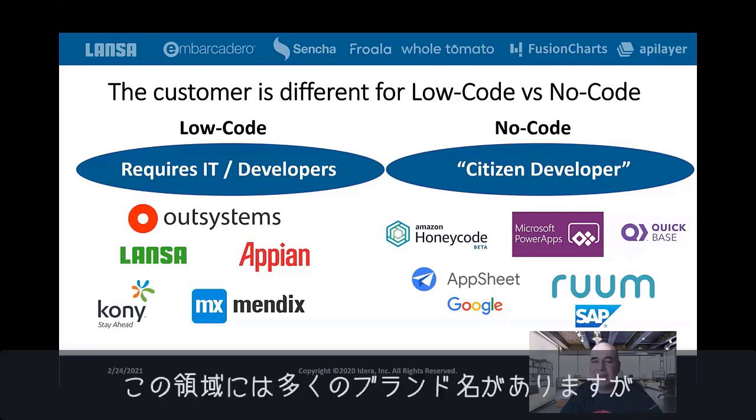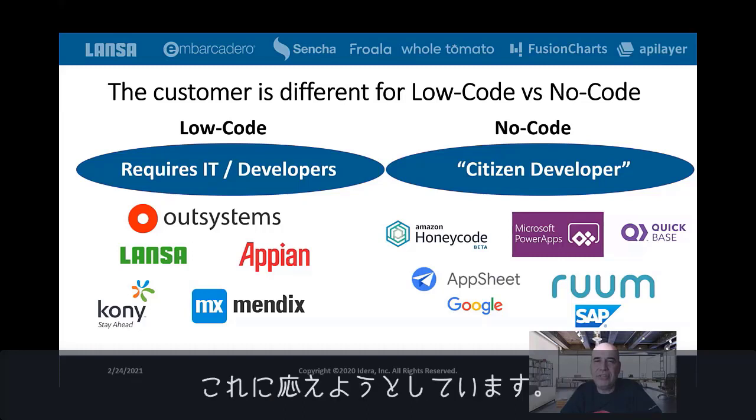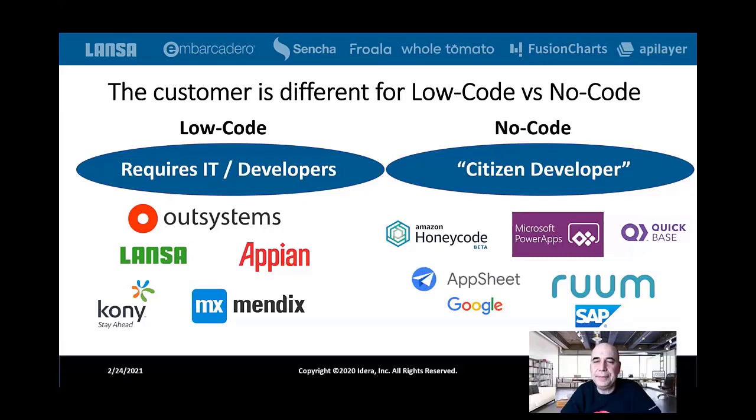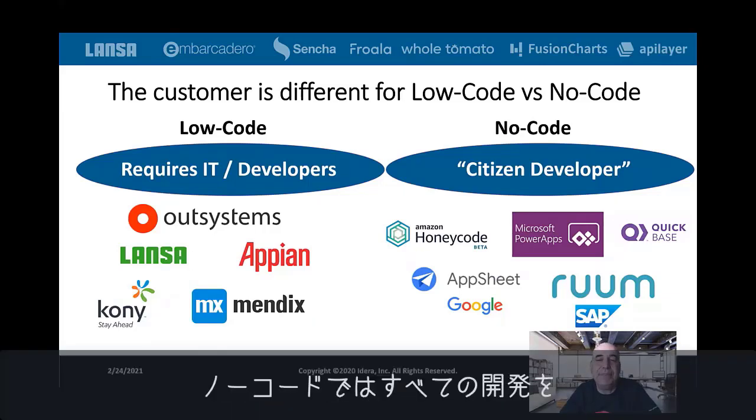If you look at some of the brand names in that space, a lot of the large technology companies are trying to address this need because the market is so scalable. However, there are a lot of limitations to these approaches. You cannot build everything with no code.